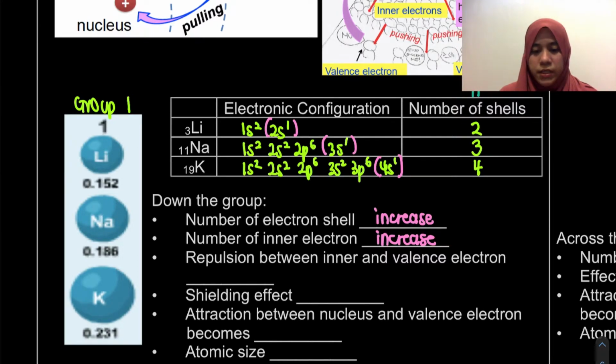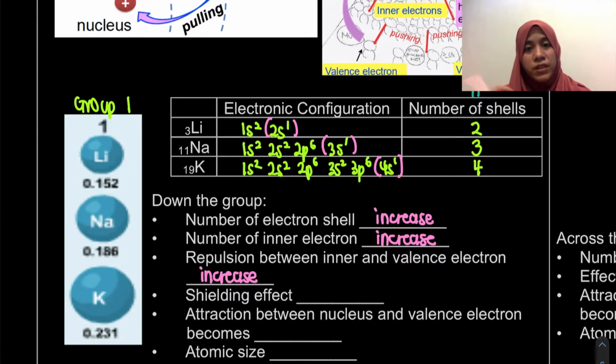So what happens is that the repulsion between inner and the valence electrons will increase as well. So there's more electrons kan, so maknanya the interaction between the electrons themselves, the repulsion will become stronger.